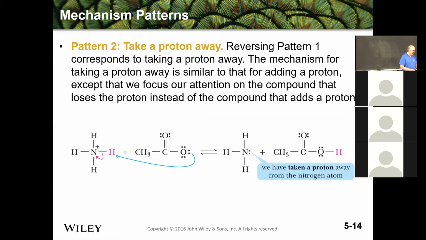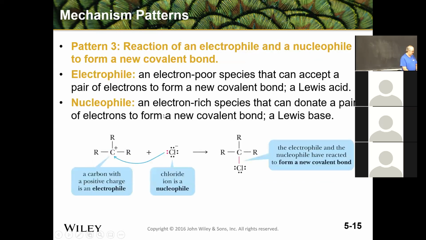This is just the reverse of what we saw a moment ago, also transferring a proton. Notice how we use the arrows. We always go from negative to electron deficient. We can donate a pair of electrons to form a new covalent bond. And again, it's always negative to positive.